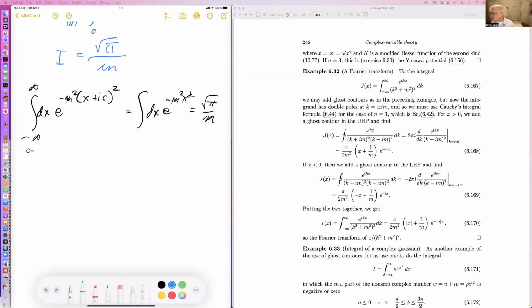Maybe what I should do is just remind you what Cauchy's integral formula is. I'm not sure you know what it is, but let me show you.